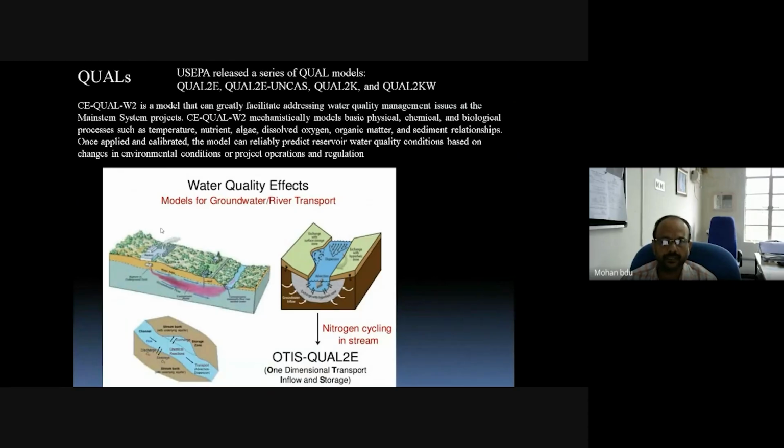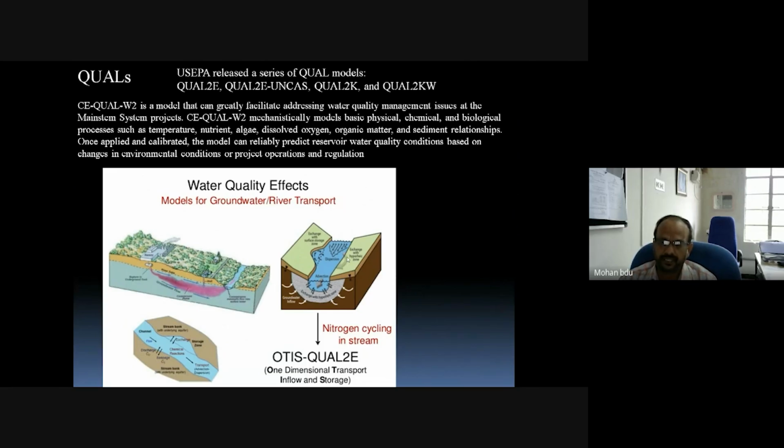And you can see here in this picture, CE-QUAL-W2 is a model that can greatly facilitate addressing the water quality management issues at the mainstream projects. It mechanistically models the basic physical, chemical, and biological processes: temperature, nutrient, algae, dissolved oxygen, organic matter, and sediment relationship. Once applied and calibrated, the model can reliably predict the reservoir water quality conditions based on the changes in the environmental conditions or the project operation and regulation.